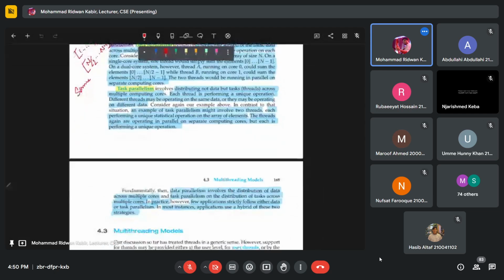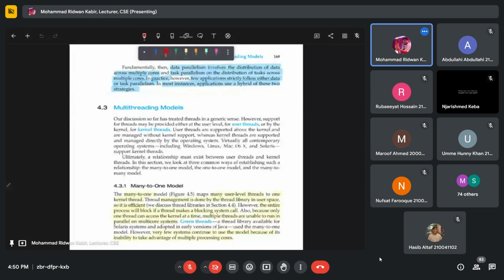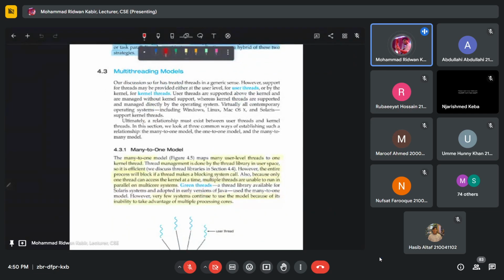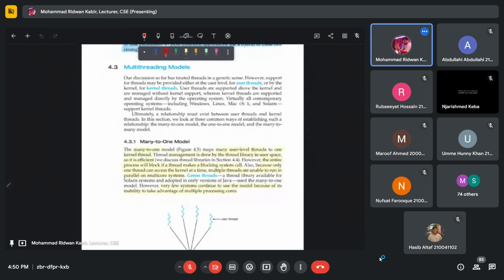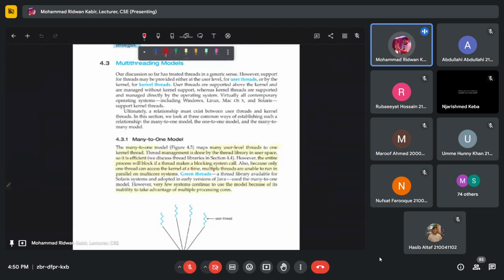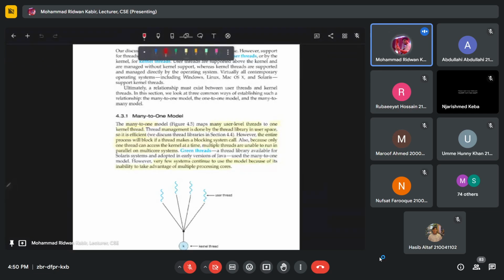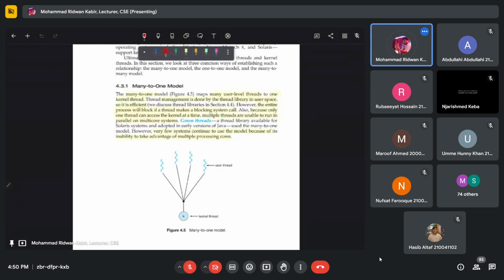Okay, right. So with that, we will end our today's class with a few of the multi-threading models that are there, and proceed with the remaining part of the chapter in the next class. So the first multi-threading model that you can have is known as the many-to-one model, right? In this many-to-one model, you will have only one kernel thread and multiple threads with this kernel thread.